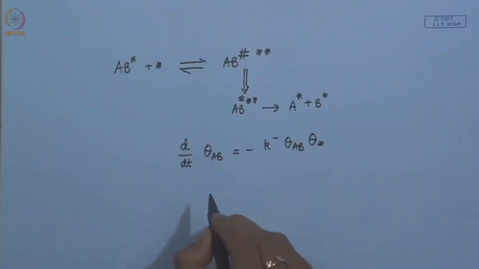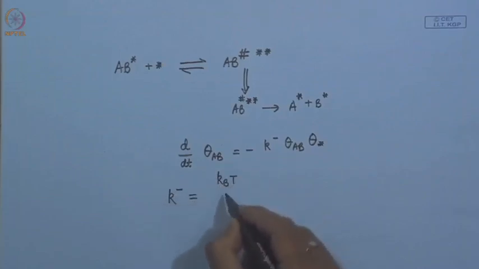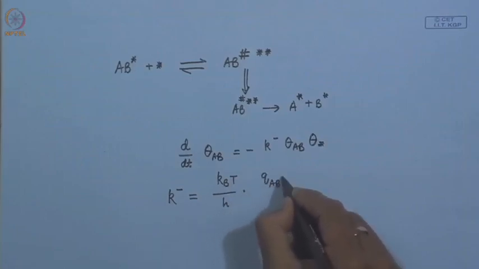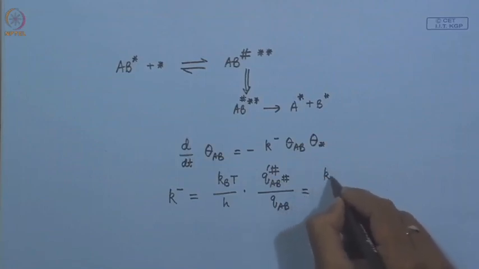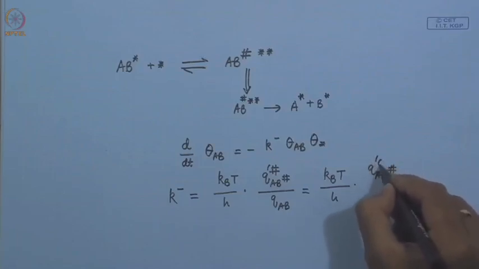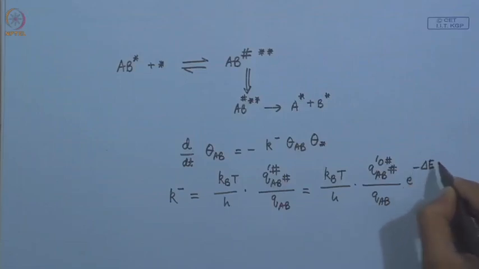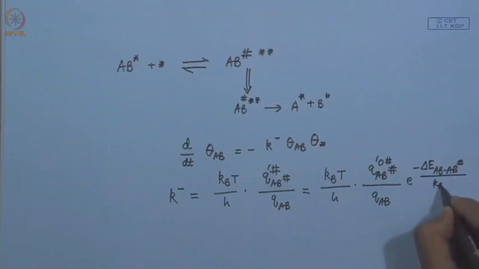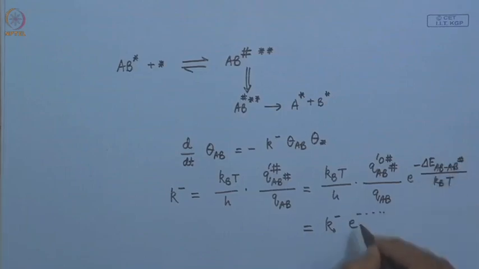As in the former case, the same way you can write K minus is equal to KBT by H into QAB double dagger divided by QAB, is equal to KBT by H into Q double dagger 0 divided by QA QB or QAB into exponential to the power minus delta E. Delta E has got a similar significance as I talked about, AB double dagger divided by KBT, which is nothing but K0 minus e to the power minus whatever I wrote over here, the same quantity will be here. Okay, so this is the rate constant for the reverse process.